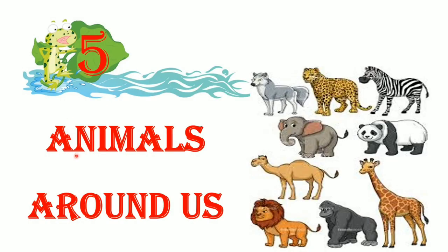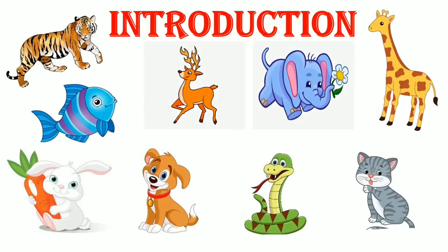We are going to start the 5th chapter from our EVS book, that is Animals Around Us. In this chapter, we are going to discuss different kinds of animals and their eating habits. We will also be discussing the food chain. Do you remember when you visited the zoo, you observed several different types of animals, didn't you?